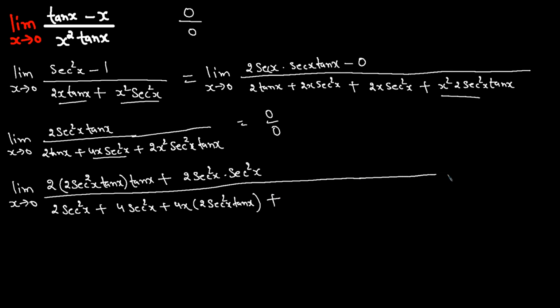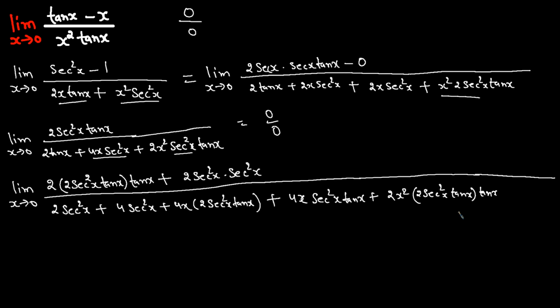Plus, and here we got the derivative of this function: 4x into secant square x tangent x plus 2x square. Now I'm going to find the derivative of secant square x, which is 2 secant square x tangent x into tangent x.